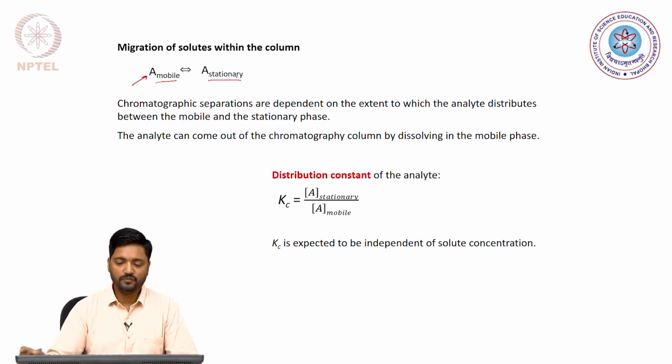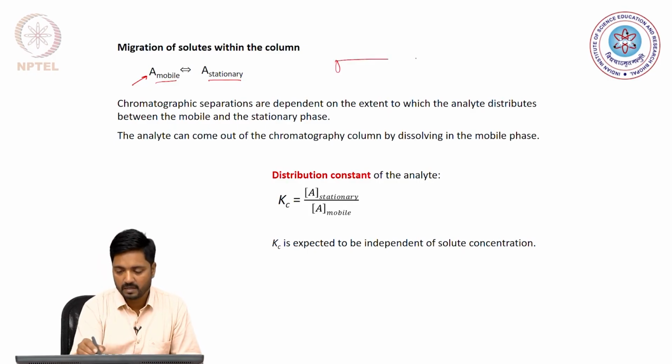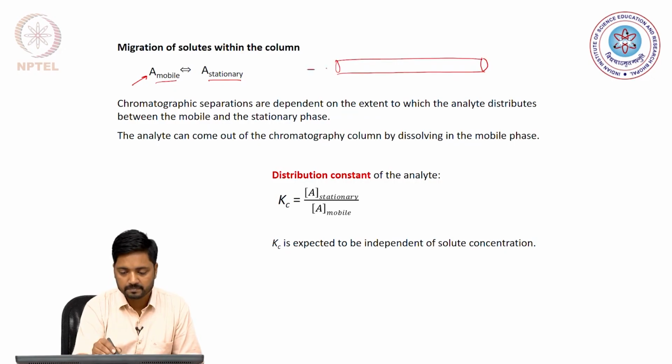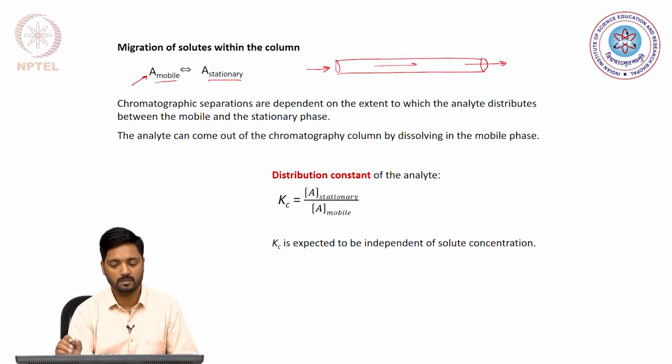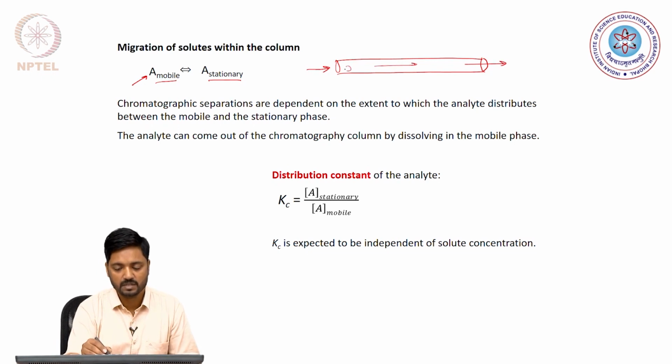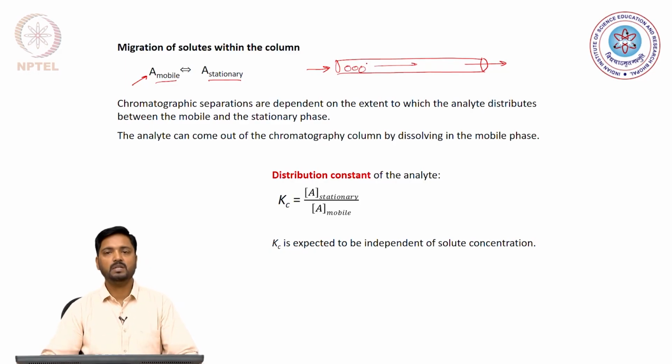The mobile phase will be moving the analyte out of the column, while the stationary phase will keep the analyte within the column. So, there is an equilibration that is considered to be happening here between the mobile phase and the stationary phase with regards to the analyte that is being eluted out.